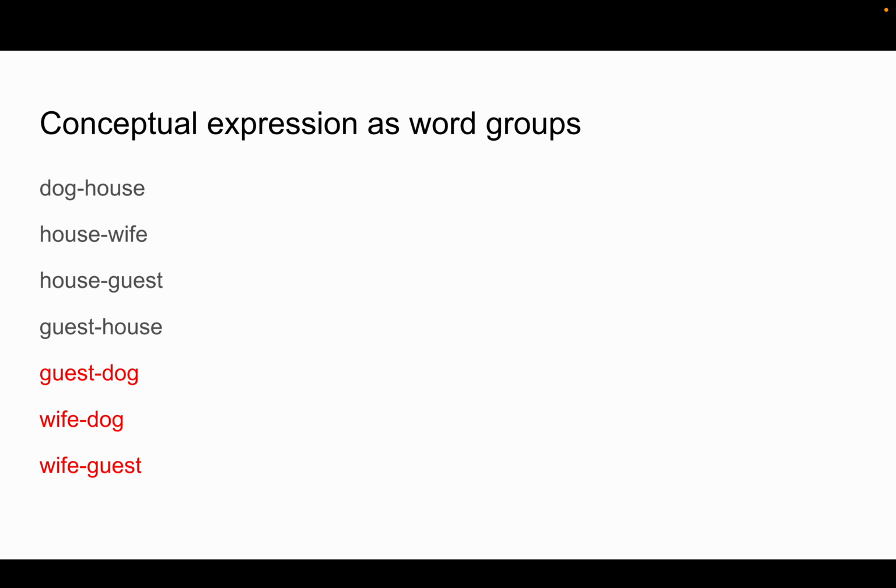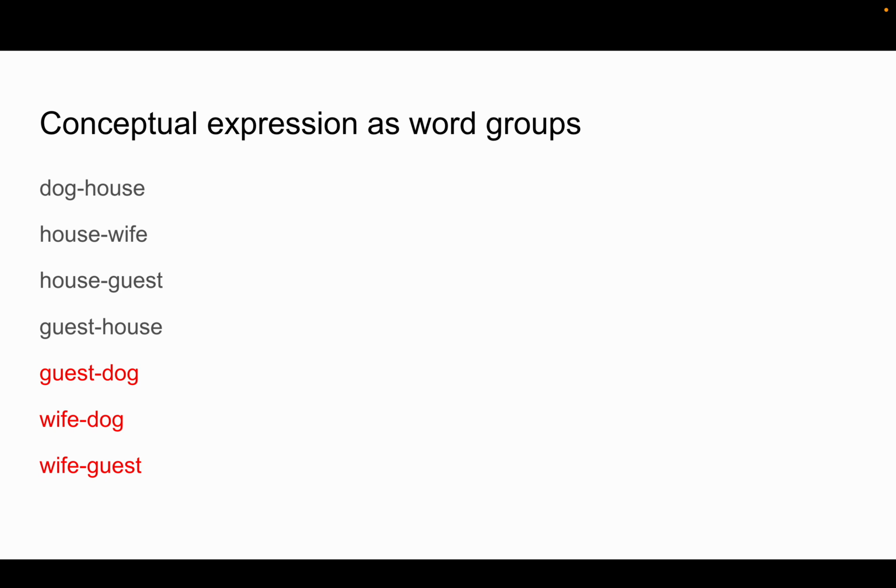So for example, let's say we have 4 symbols which we have assigned the values dog, house, wife, guest. When you have combinations such as dog house, housewife, they make sense in your language because those compounds, or those phrases, have a mapping into your conceptual space in your language.